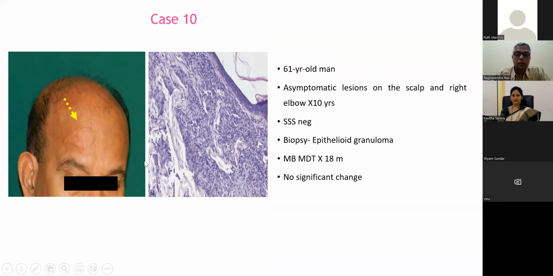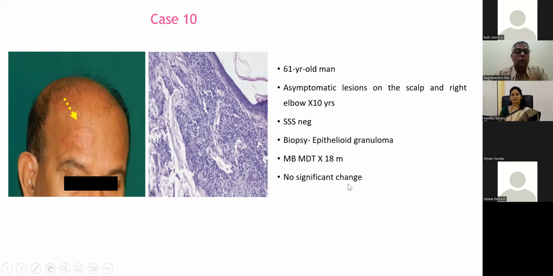He was also investigated, smear was negative, biopsy showed epithelioid granuloma, and these granulomas were specifically present around the nerves and around the appendageal structures of hair follicles, which is inconsistent with leprosy granuloma. So he was started on MBMDT for 18 months, but there was absolutely no improvement in the skin lesion.